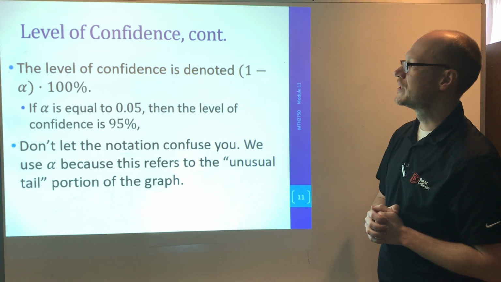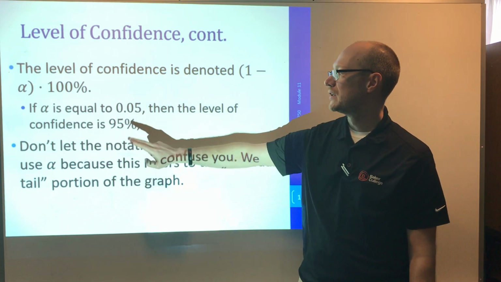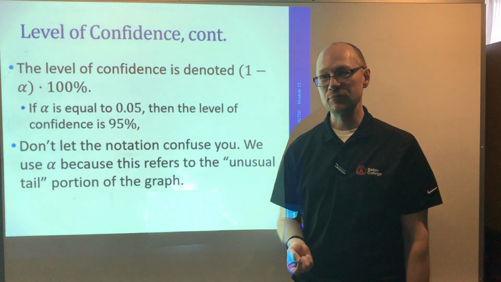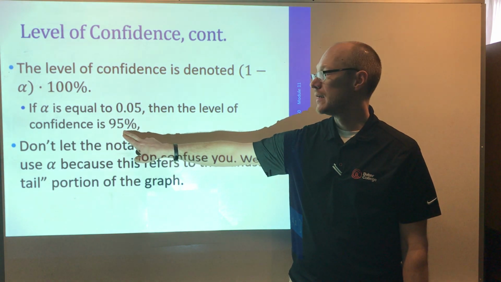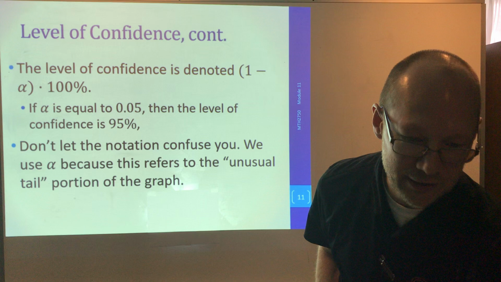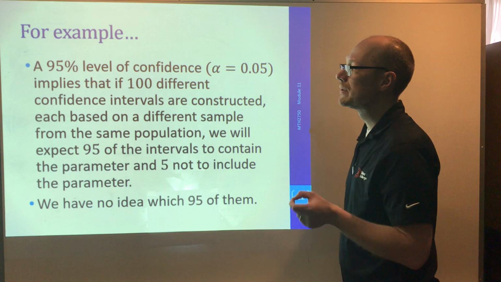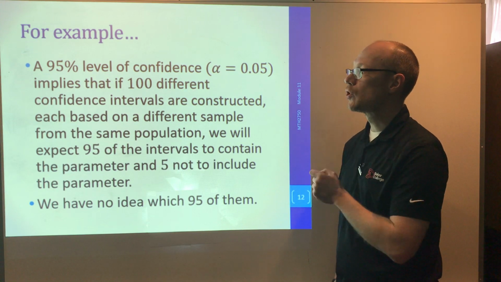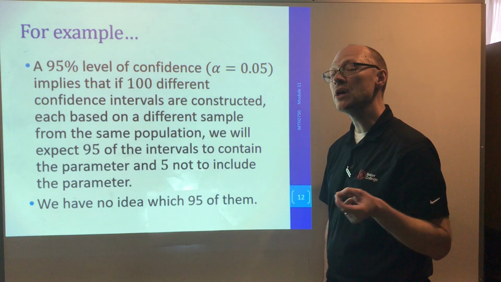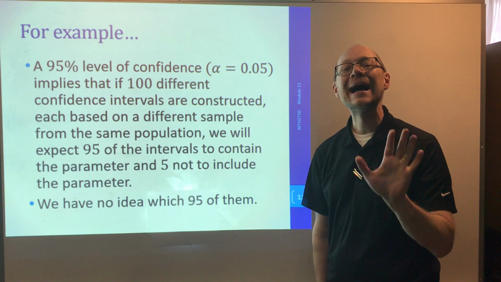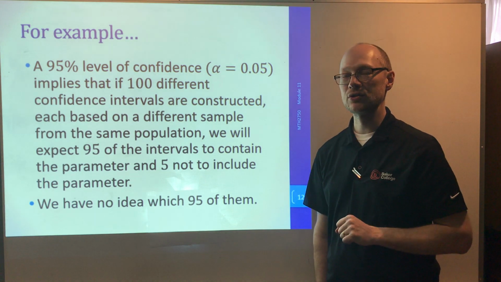So that's why we have this idea. If I've got a 5% alpha, the level of confidence is going to be 95%. This is where I use the math. This is what I communicate. And what this is saying then, I think I've got it on the next slide, is that a 95% level of confidence implies that if Quinnipiac took 100 different surveys, found 100 different point estimates, created 100 different confidence intervals, 95 of those intervals would contain the real population parameter.